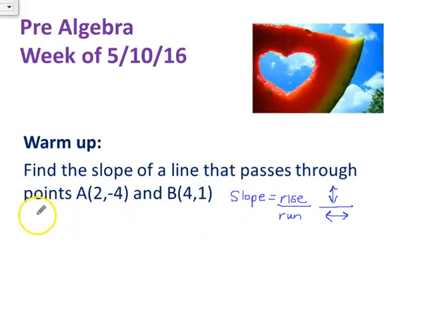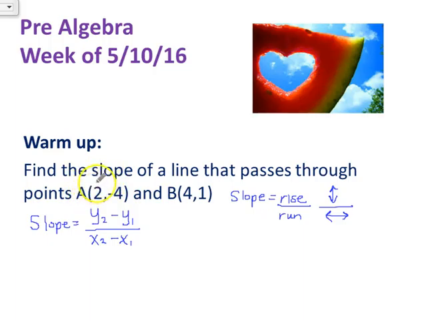The formula, if we're given 2 points, is to take the difference in our y coordinates. I always like to do the second y coordinate minus the first y coordinate, and then divide that over the change in your x coordinates, or the second x coordinate minus the first x coordinate.